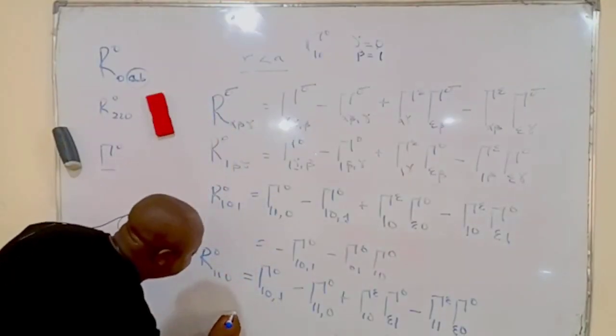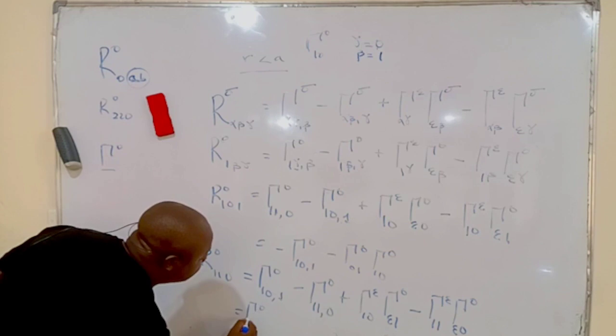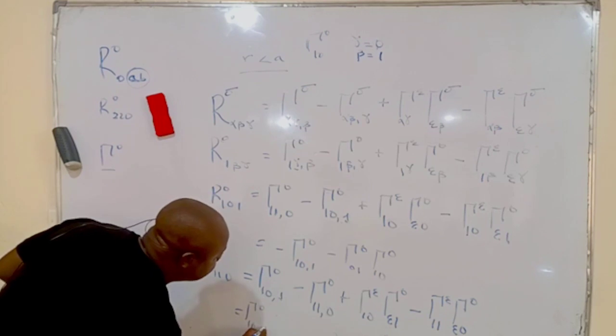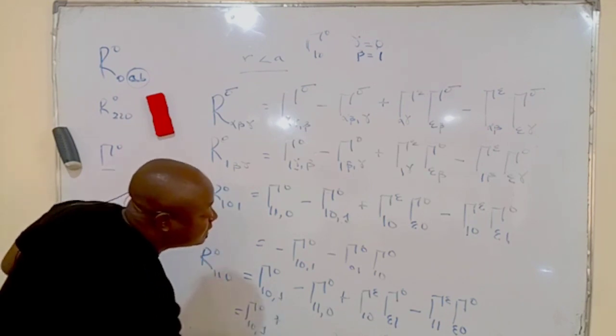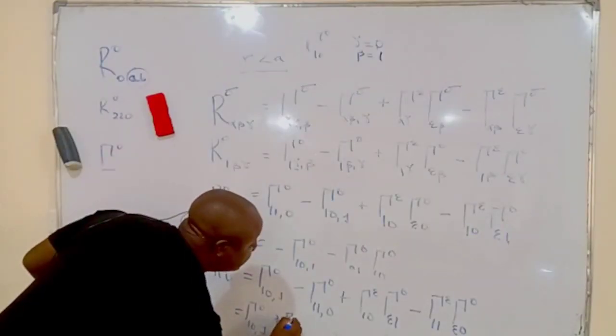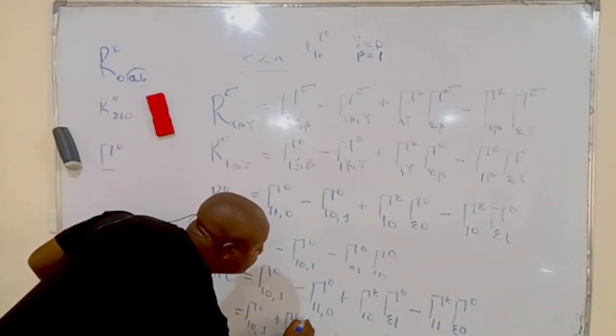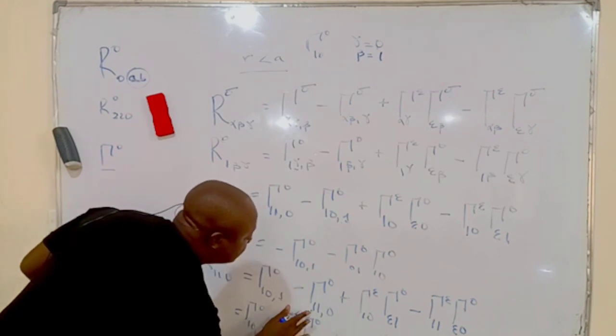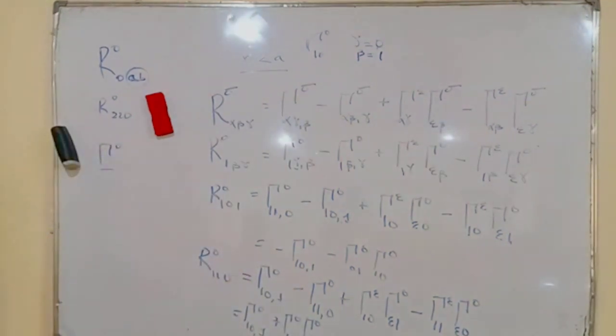So I have 0, 1, 0, comma 0, comma 1, plus. So 0, 0 will survive. So I'll have 0, 1, 0, 0, 0, 1. So I'll have this. So that one will survive.